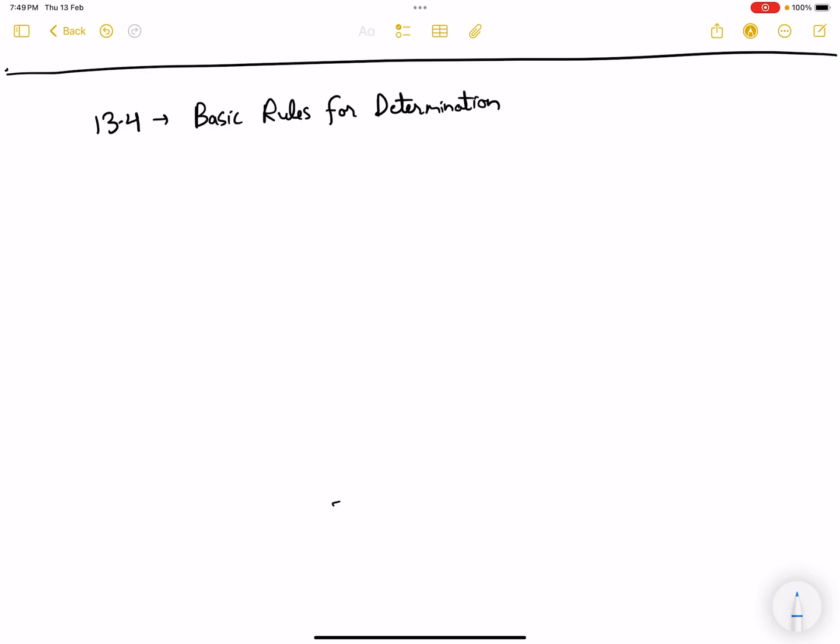Hello everyone. Since 13.3 is not part of your syllabus, we'll move to 13.4, basic rules for determinants. Since you must have studied determinants in class 12th as well, I'll just go over it again.